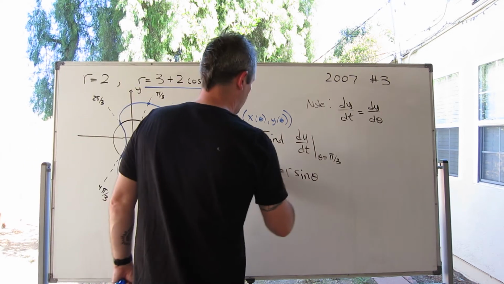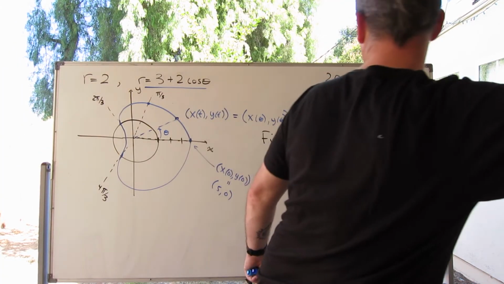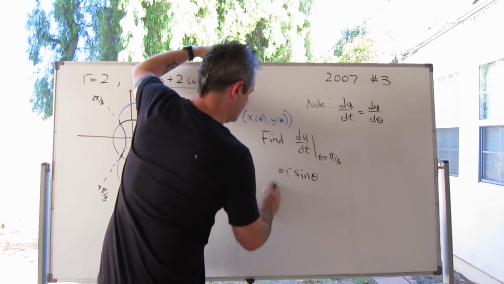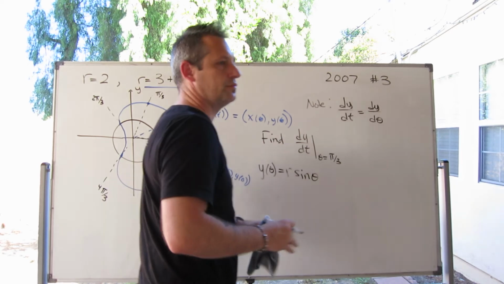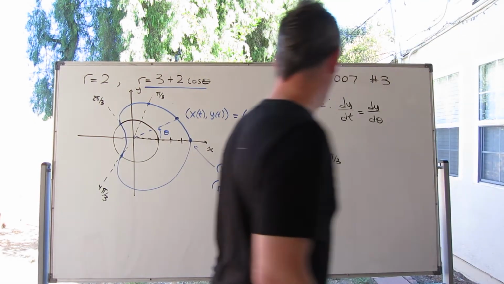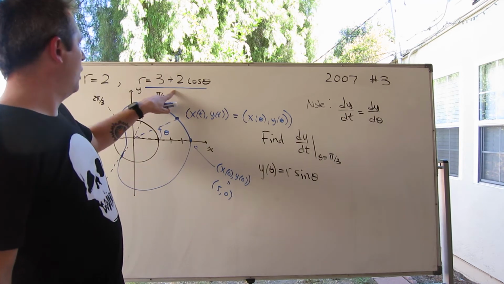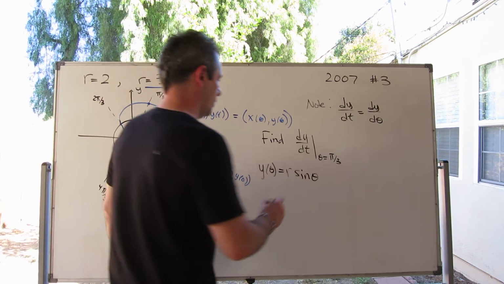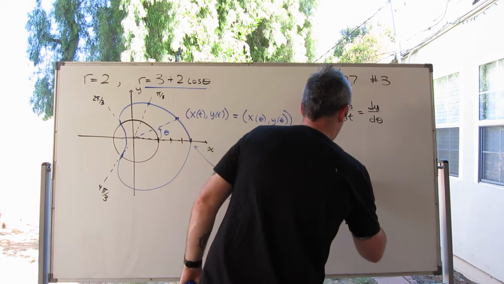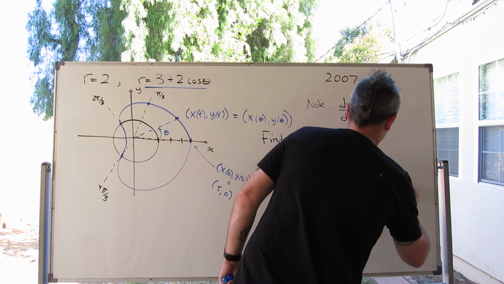So that's what y of theta is. And x of theta is r cosine theta. R in this case is 3 plus 2 cosine theta, so y of theta equals 3 plus 2 cosine theta times sine of theta.